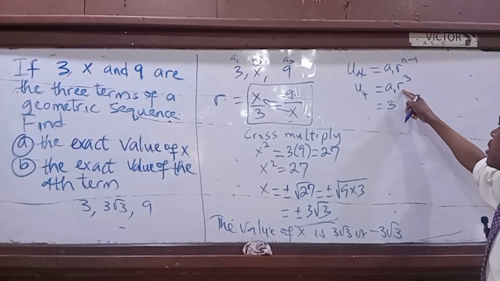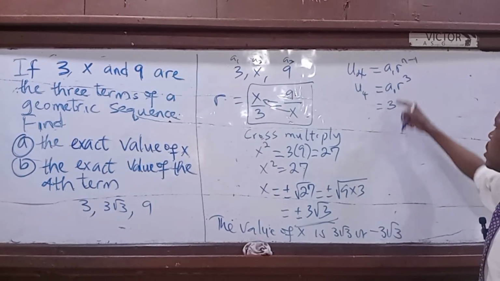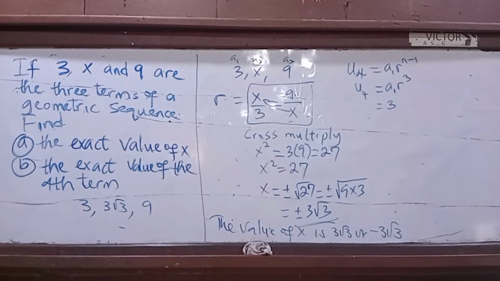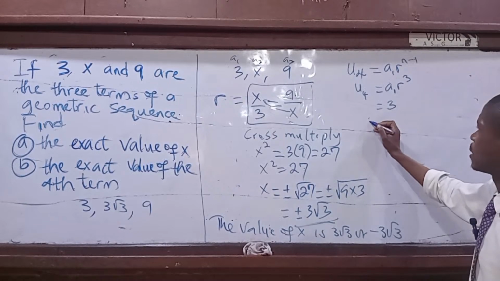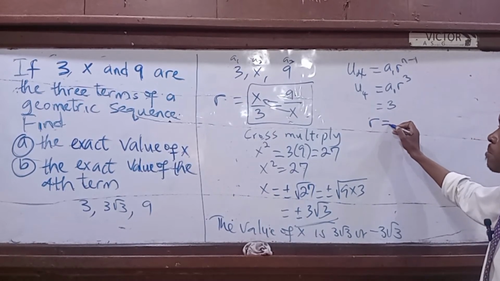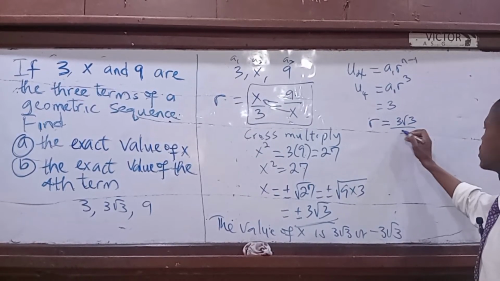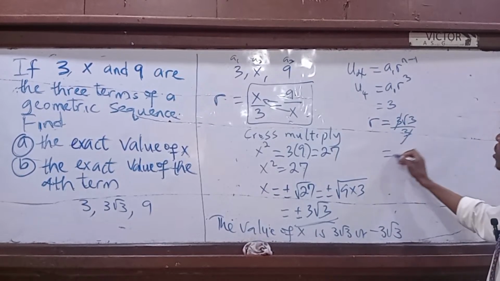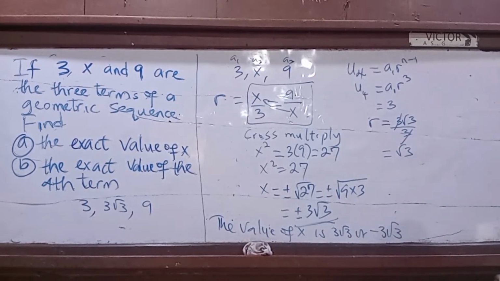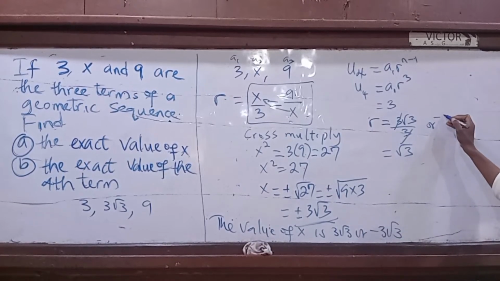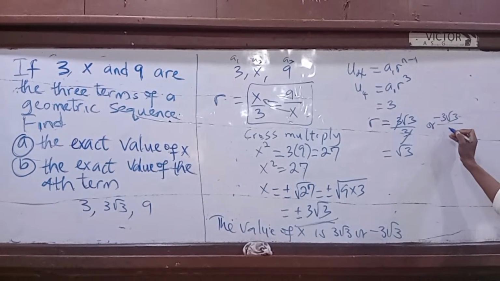Your common ratio, let's get that. The common ratio r is equal to 3 root 3 over 3, which is root 3, or minus 3 root 3 over 3.